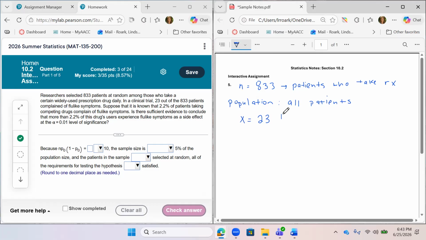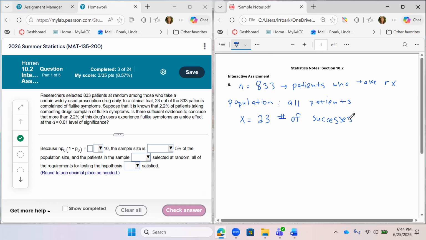Sometimes they call it the number of successes, which is a little strange because a success wouldn't be having flu-like symptoms, but it's what we're looking for. It's what we're tracking. That's what we call X, and sometimes again it's called the number of successes, and it is 23. So 23 of these 833 patients complain of flu-like symptoms.